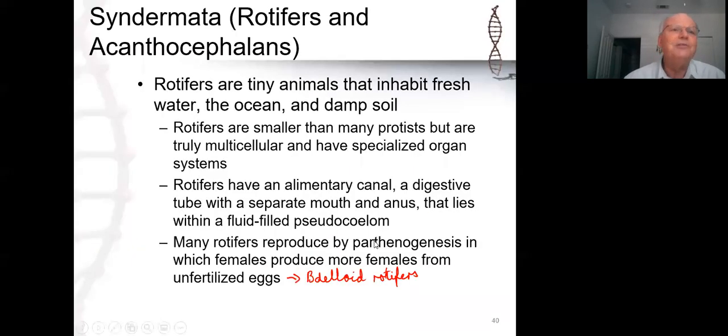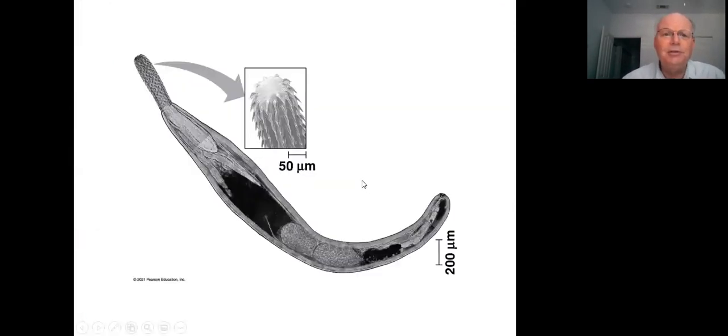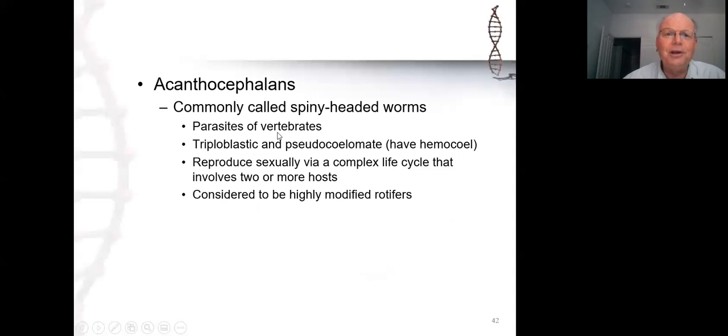And again, I've got to look, Syndermata, I believe is the correct pronunciation, Syndermata. So these are commonly referred to as spiny-headed worms. And when you see a picture, and here is a picture, you can see why they're called spiny-headed worms. They use this to anchor themselves to the organism that they are parasitizing, because they are basically gut parasites of vertebrates.